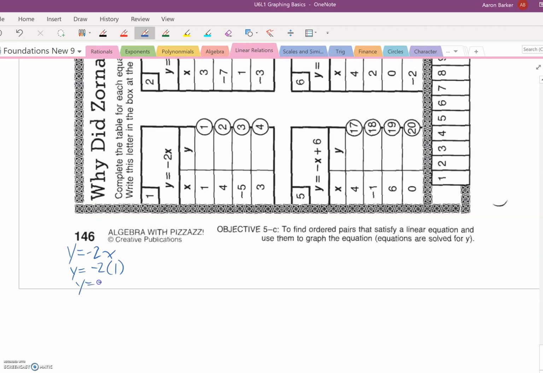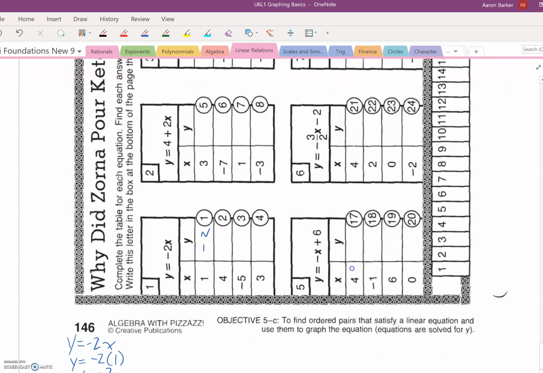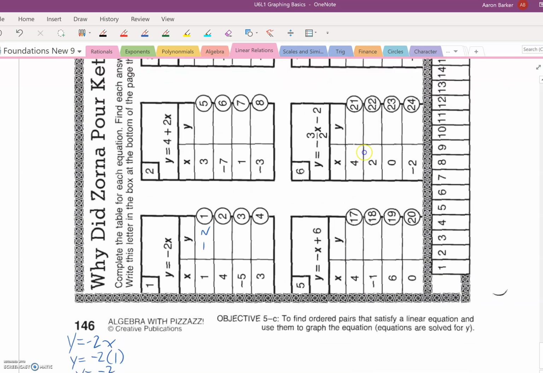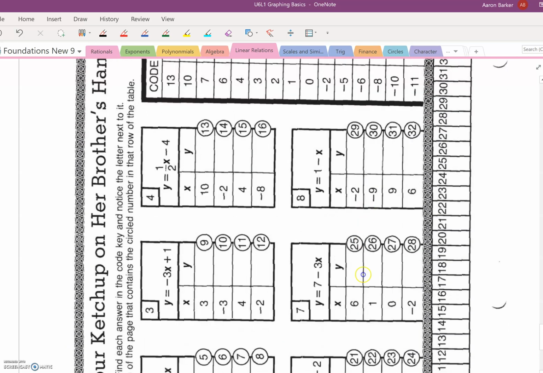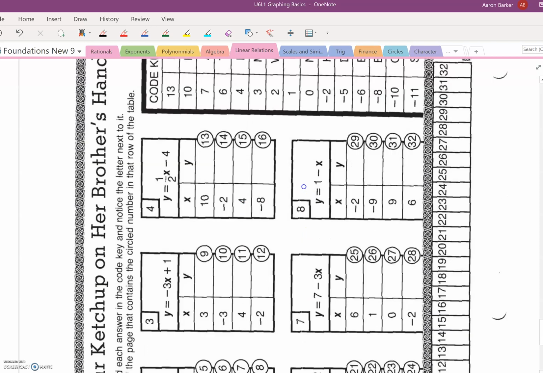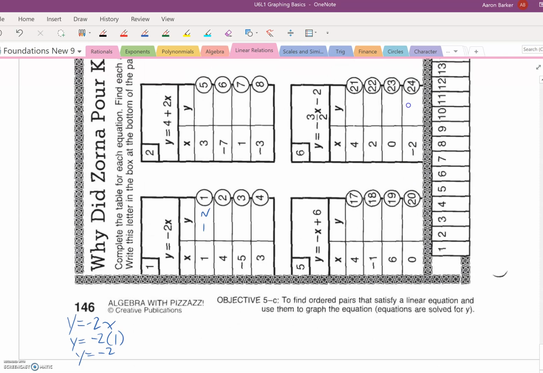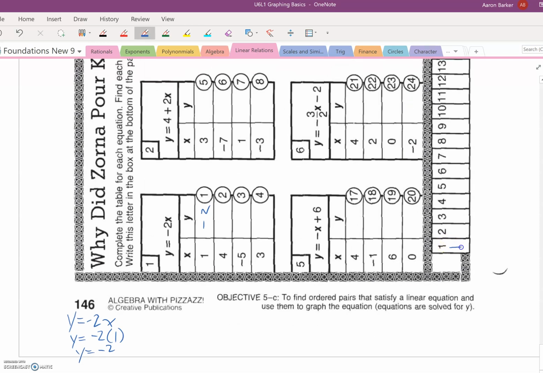So y equals -2. So you put a -2 value here. Okay. And wherever you see a -2, that's going to give you, what's going on here? Oh, so -2 value, that's going to be the letter H. So number 1 is the letter H. There you go.